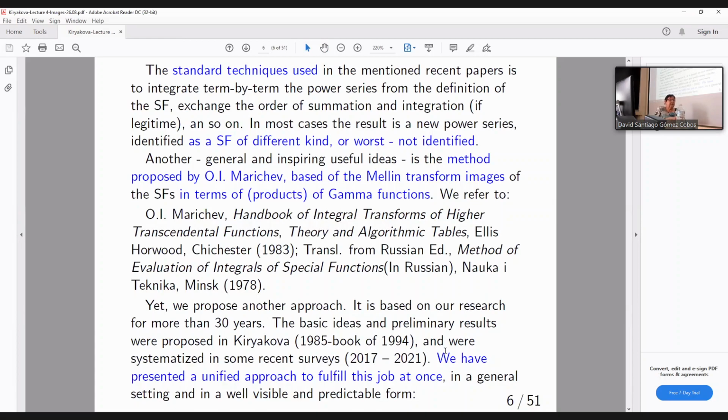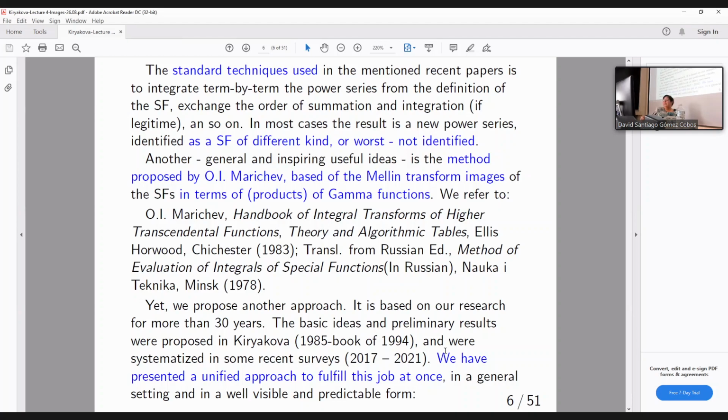What can be used to do this? The standard technique used in many papers is to use the definition by power series, integrate them by the power series for the special function, then exchange the order of summation and integration, and interpret the new power series in the best case as some known special function.